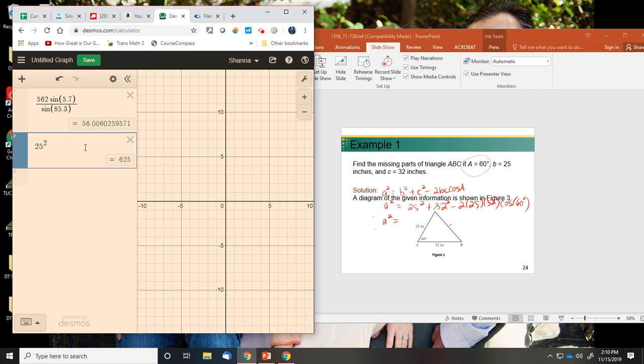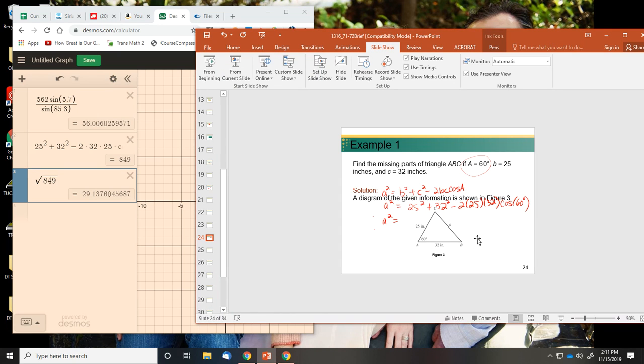The only reason we had a chance of doing it by hand is because that was a half. Even if it had been root 3 over 2, we would have been a little hosed. And then it looks like A is 29.